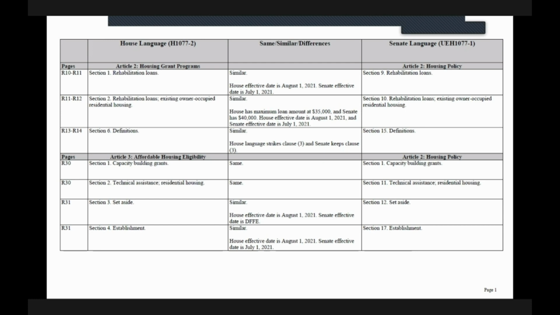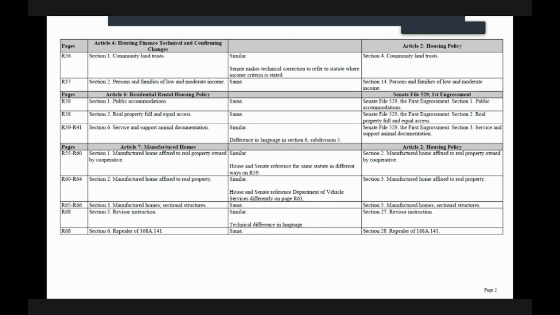My note at this point says that Chair Draheim would move Senate Section 4 on page R36. Is that my understanding from nonpartisan staff? We should have probably all had the same annotated agenda here.